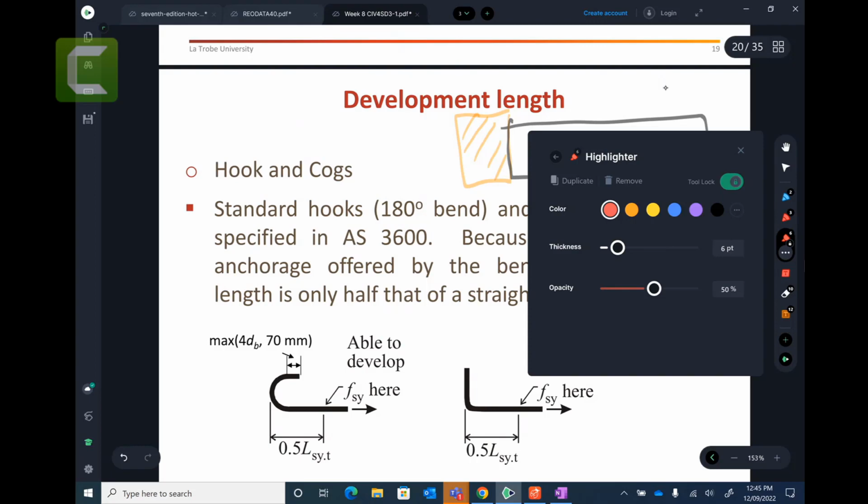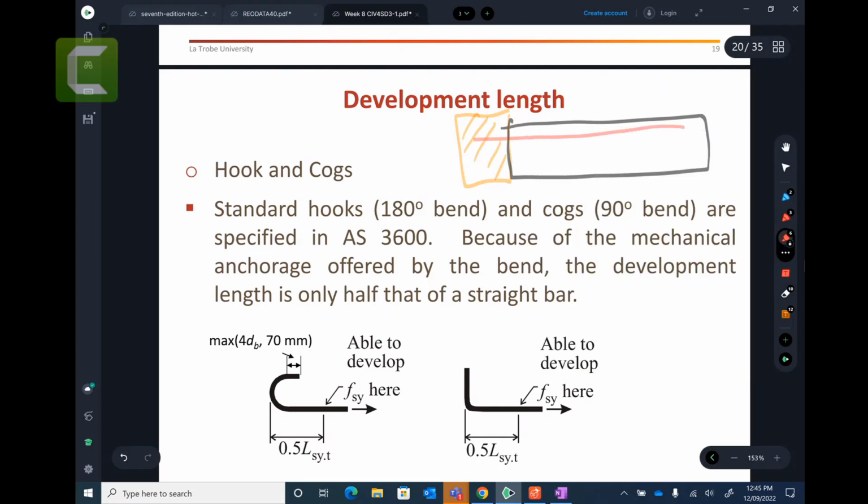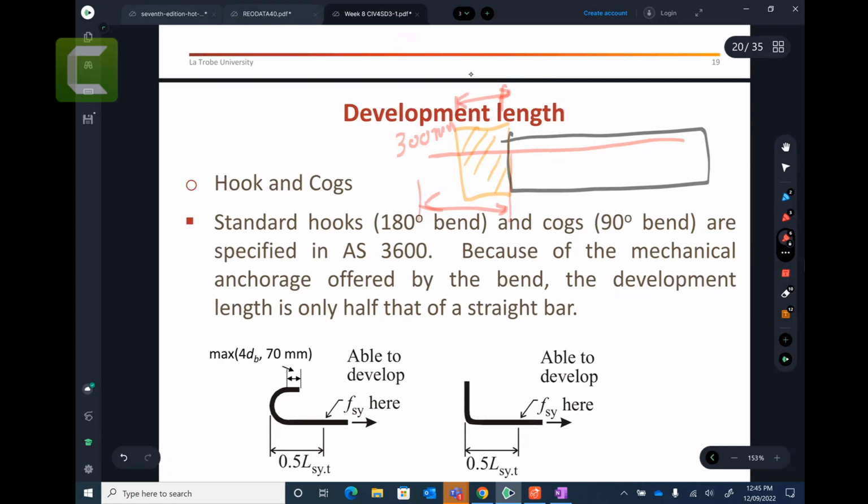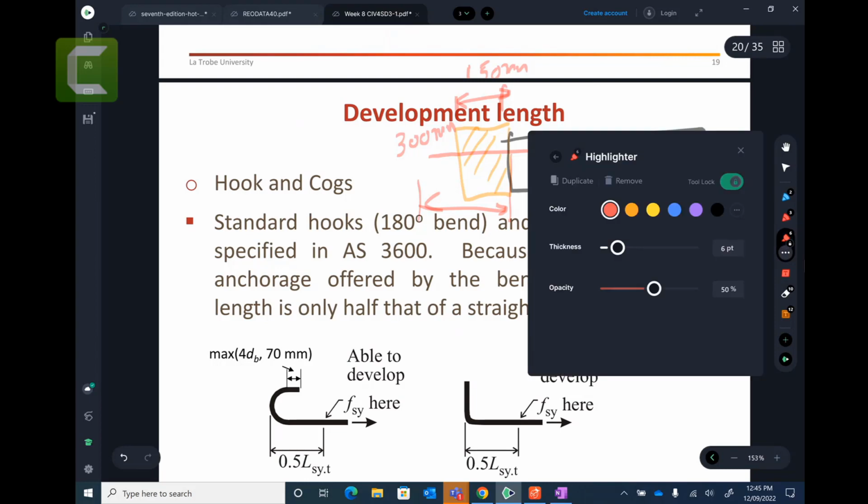Let's say I want 300 millimeter of development length from here to here. But your architect said no, you have only 150 millimeter of wall or something that you can use for the development length.